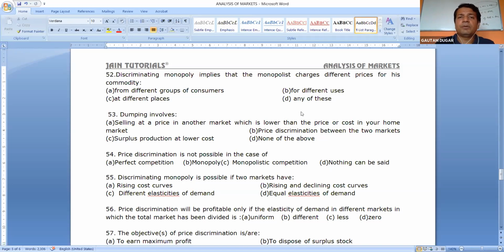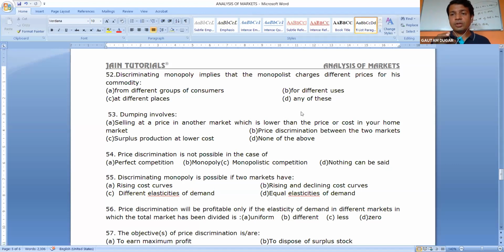Dumping is another form of price discrimination. What's dumping? You will be shocked, maybe some of you might already know. The product of your home country is being sold in your country at a higher price and in another country at a lower price.